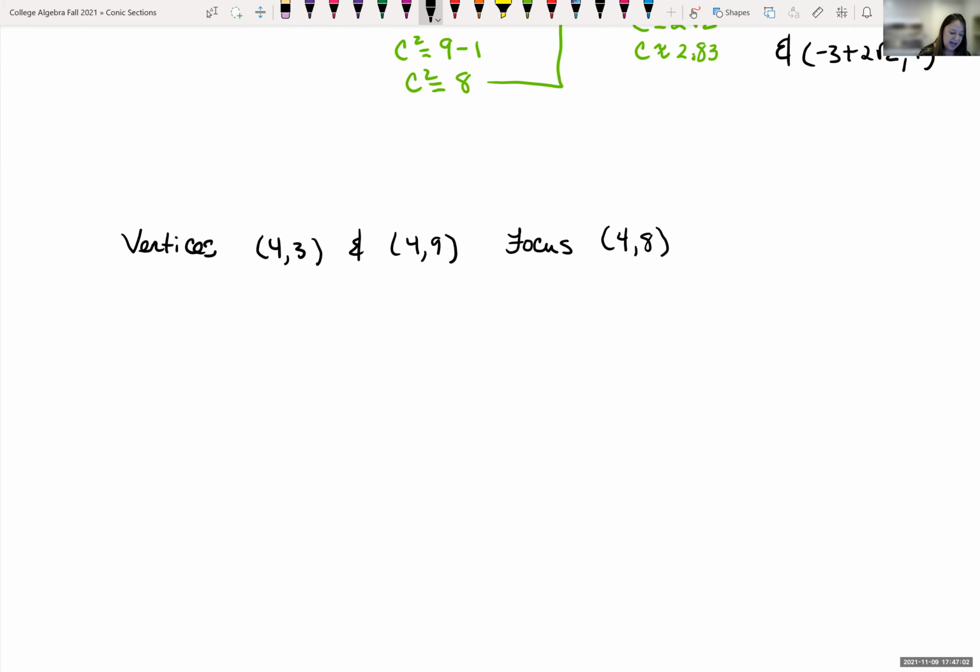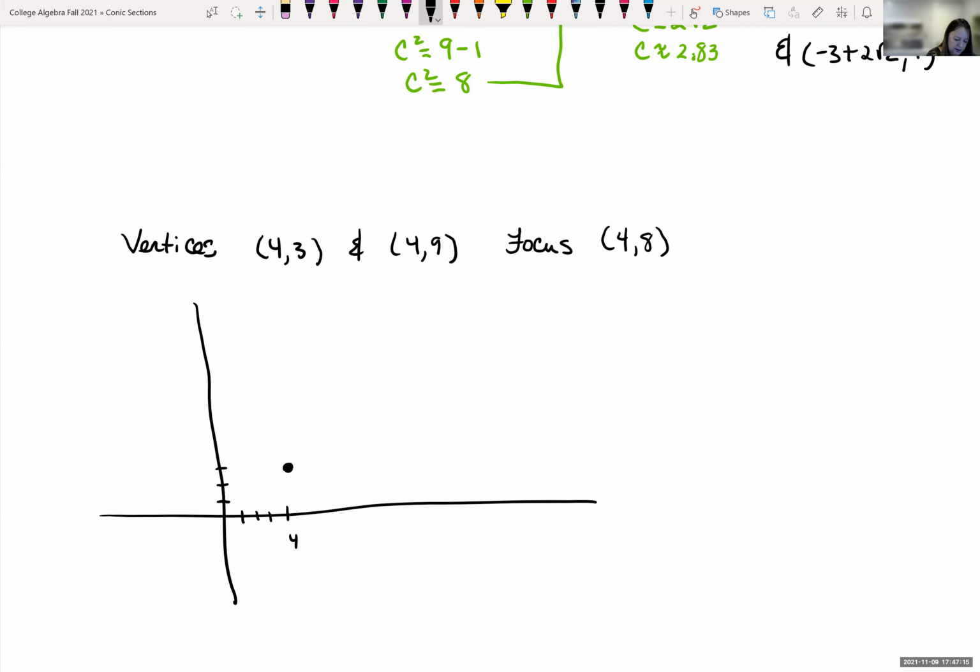Okay, so plotting what I have, 4,3 and 4,9. So I have a point here, and I have a point at 4,9. My focus, or foci for an ellipse, is always on the major axis.